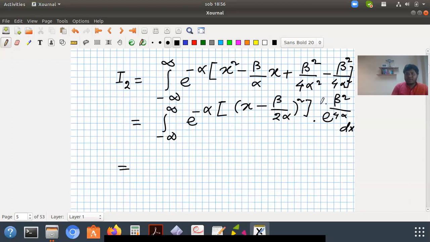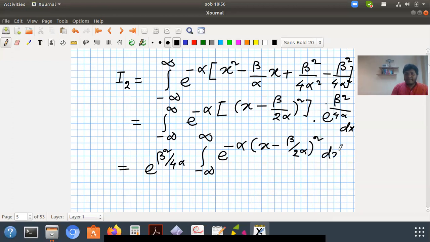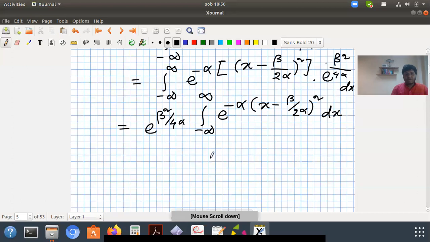So this is some constant number I can take out: e to the power beta square over 4 alpha, times the integral from minus infinity to plus infinity of e to the power minus alpha, x minus beta over 2 alpha whole square, dx. Now we can change the variable once again. We define one variable z, let's consider x minus beta over 2 alpha.